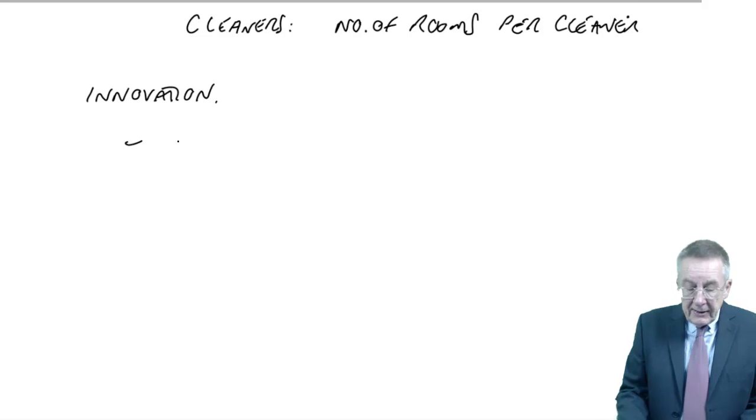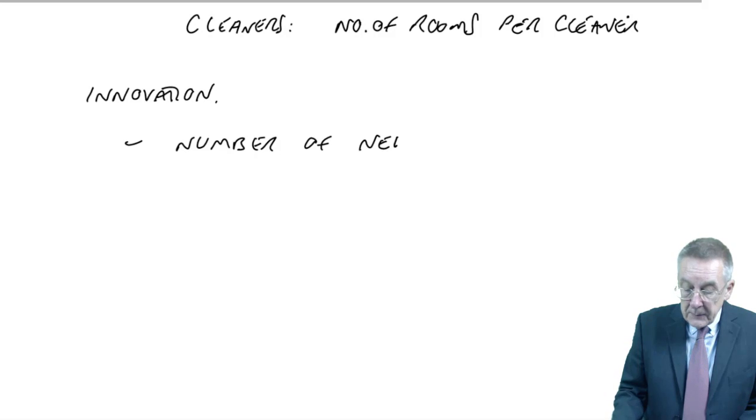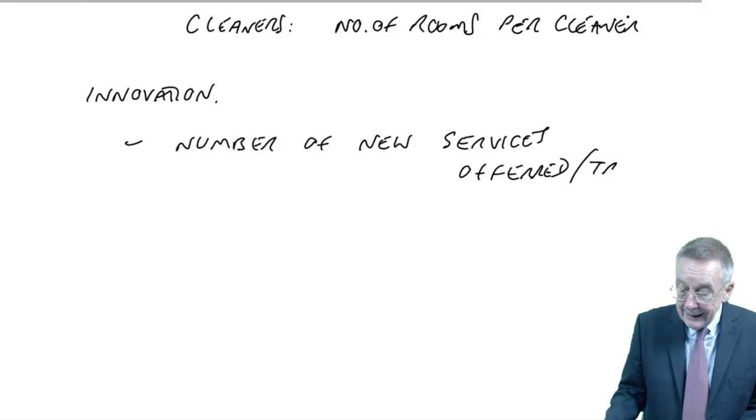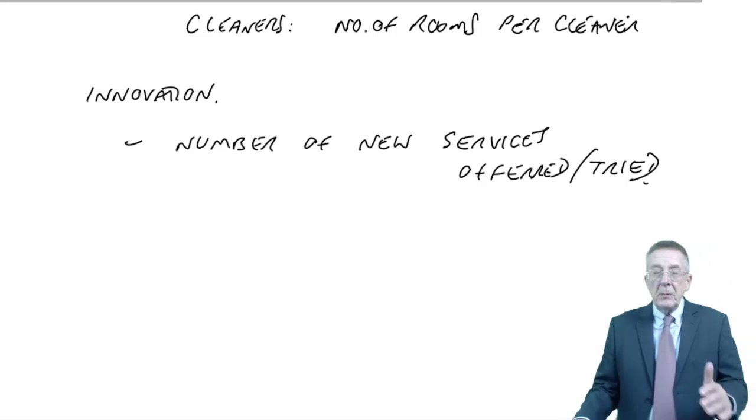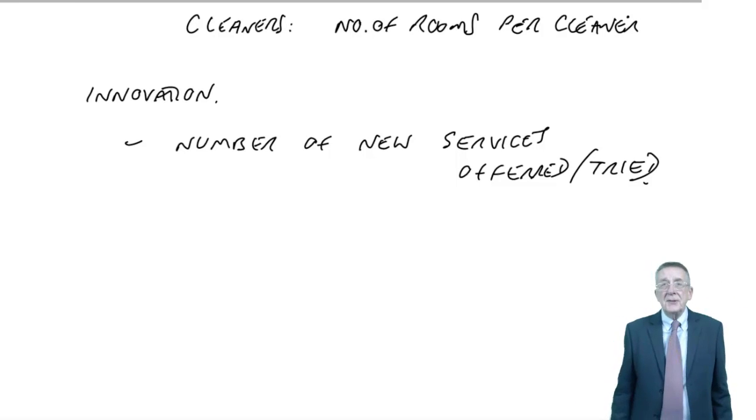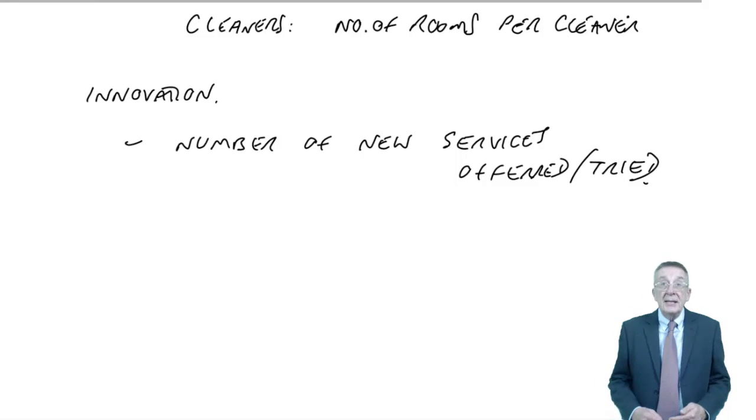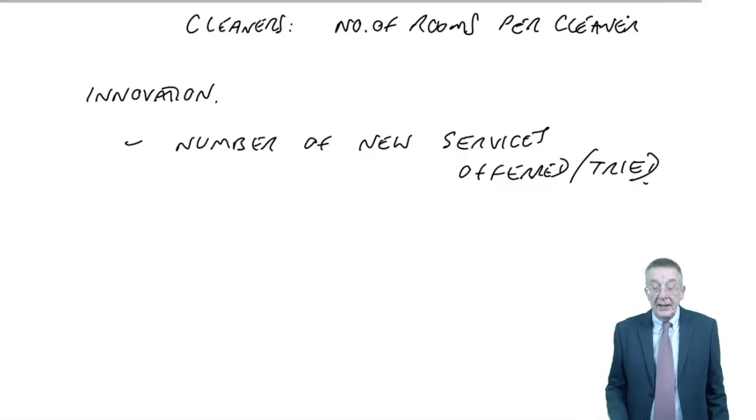So one is, it's very standard here, the number of new services offered or tried. They won't all work. We should keep thinking of new ideas. I say they won't all work, but if we don't keep thinking of new ideas, then we never will improve anything.